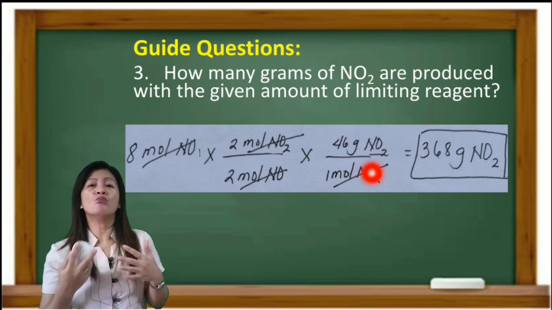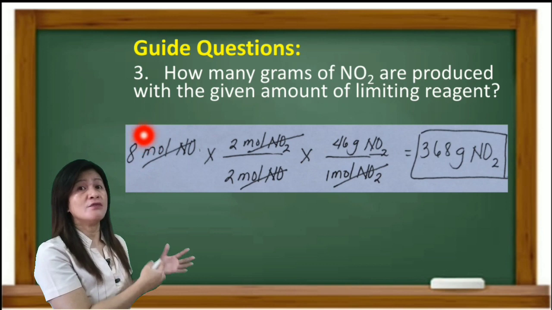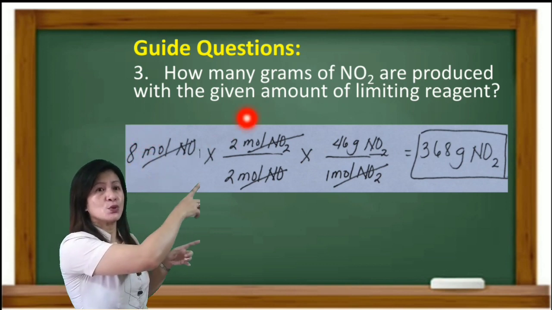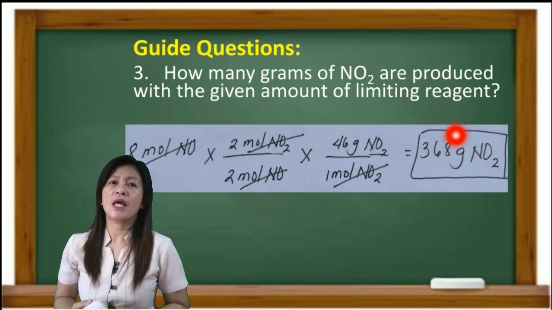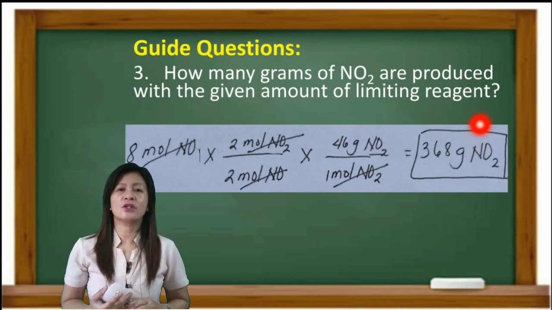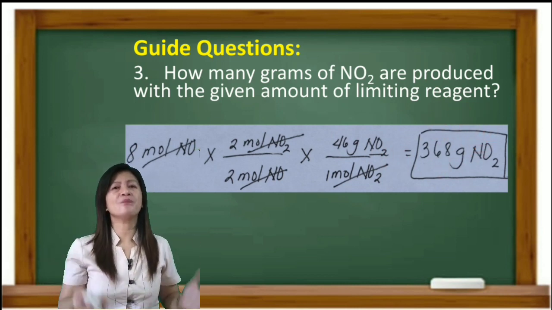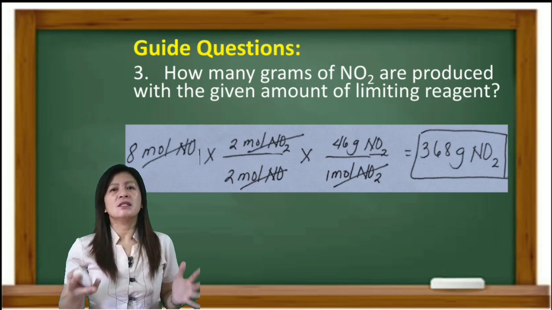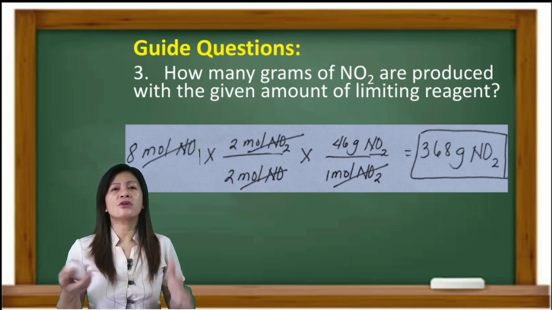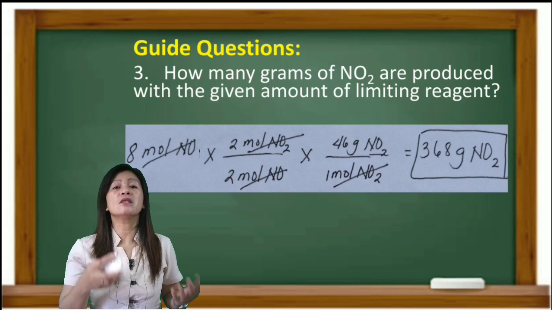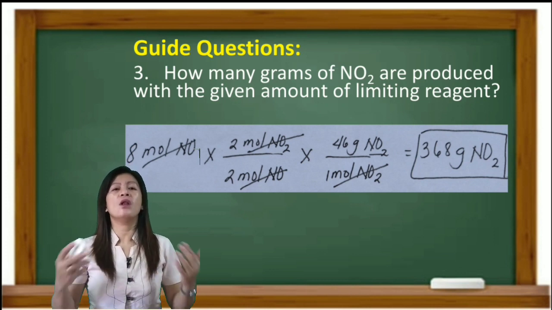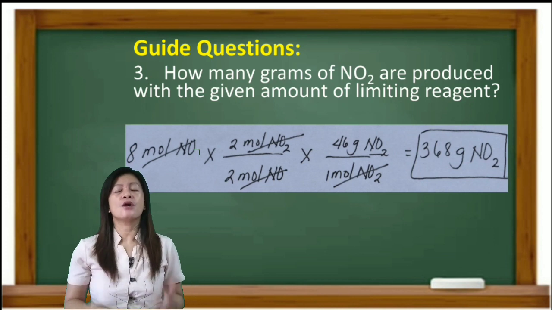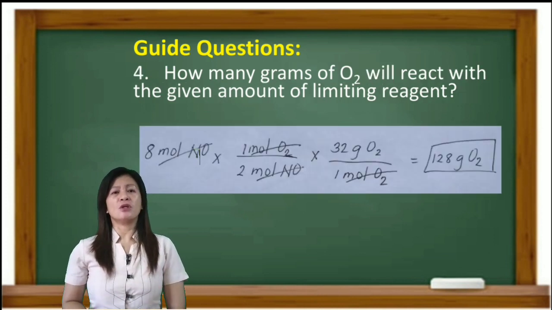We can now do the operation: 8 times 2 divided by 2 times 46 grams, and we have the answer, 368 grams of nitrogen dioxide. So to answer the question, 368 grams of nitrogen dioxide can be formed from 8 moles of nitrogen monoxide as the available amount of the limiting reagent. Let's go to question number 4.